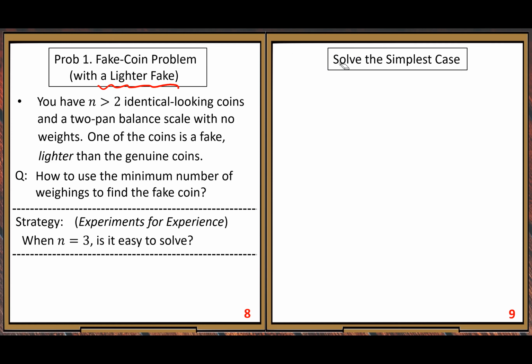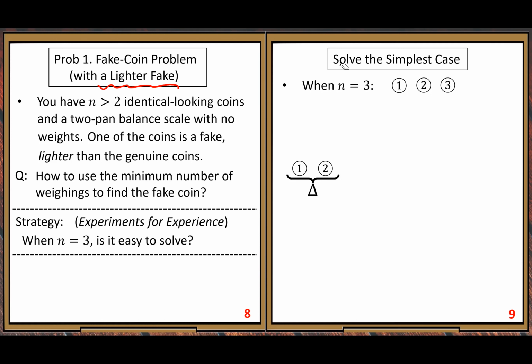Solve the simplest case, we did it, right? It's trivial, but here I want to run the diagram from beginning to end. We have 3 identical looking coins, 1, 2, 3. So now we just pick coin 1, coin 2, and put them on the balance scale in this way.